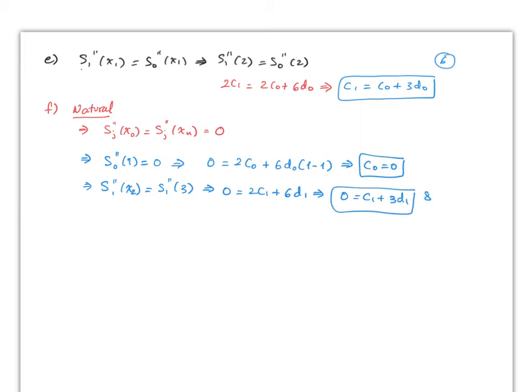This is equation A, and this will be equation 7. Here remember that this means s0 double prime of x0.